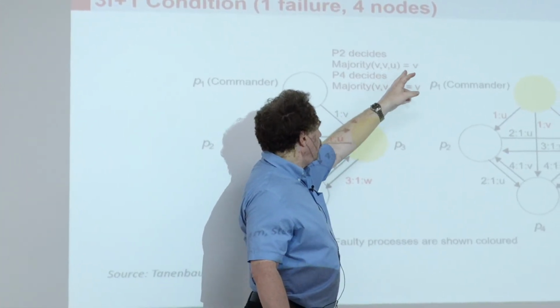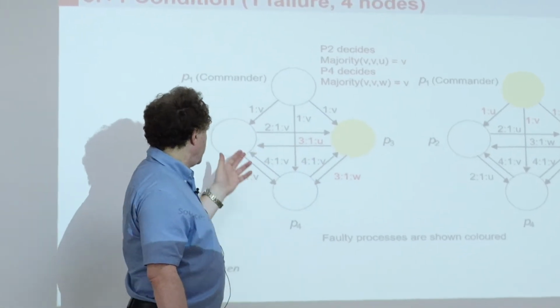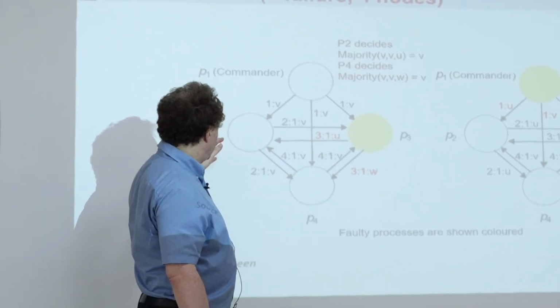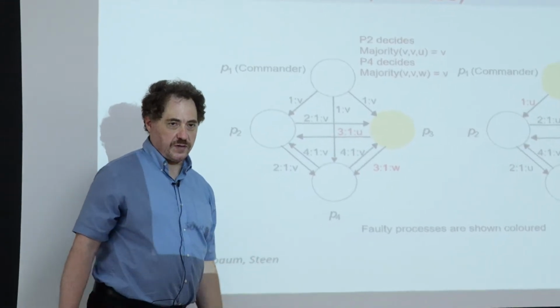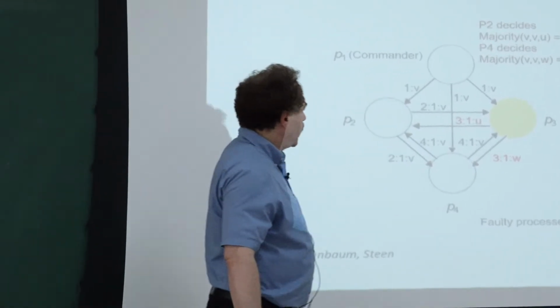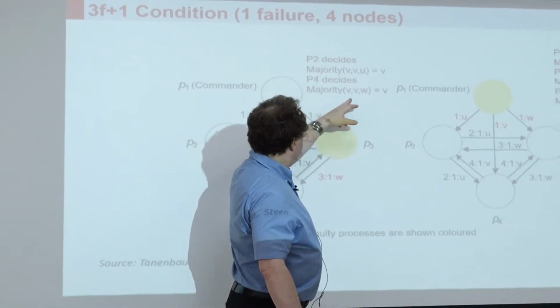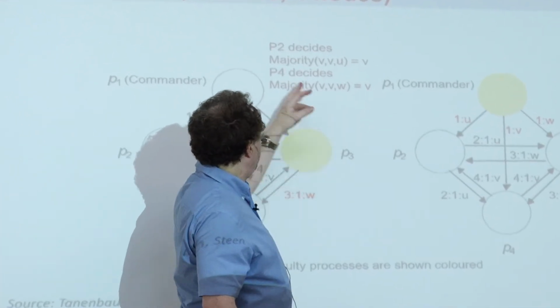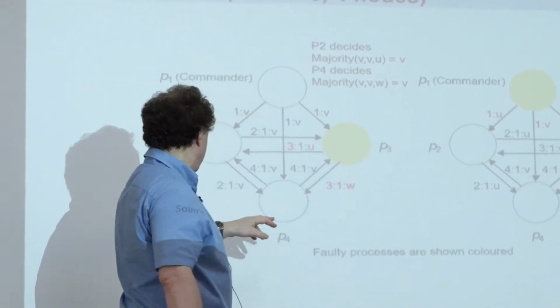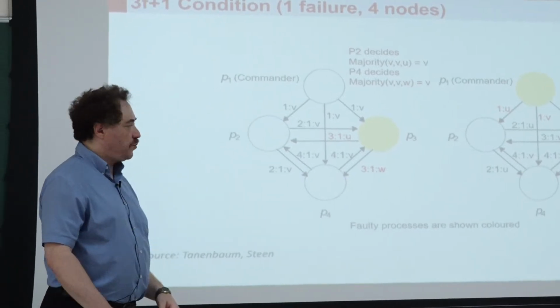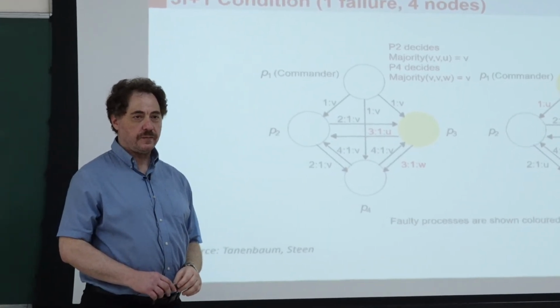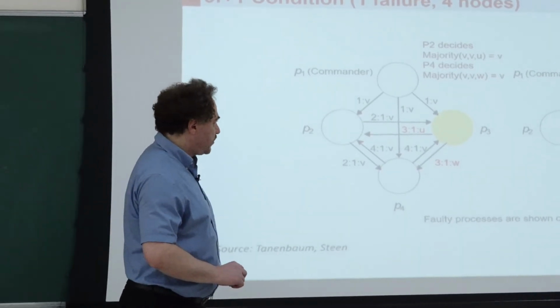Majority of V, V, U is still V. So P2 can, based on majority, decide that the value should be V. Now P4 would do the same. So P2 and P4, the honest lieutenants, would reach the same conclusion, and the consensus is achieved.